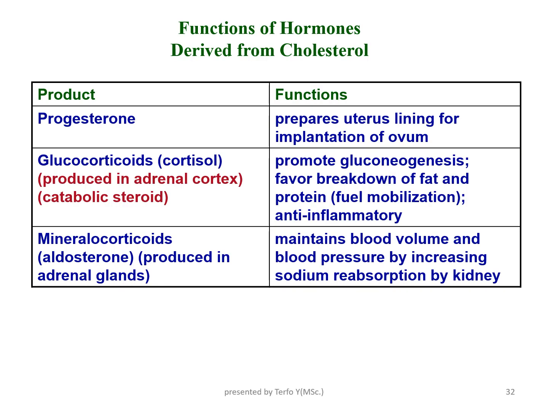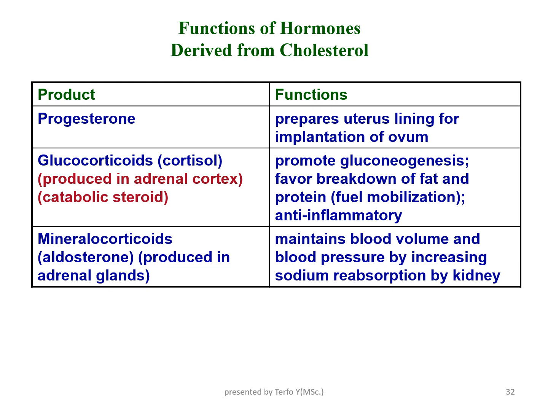So what are the functions of these hormones? Progesterone prepares the uterus lining for implantation of the ovum. Glucocorticoids, or cortisol, produced in the adrenal cortex, are catabolic steroids that promote gluconeogenesis, favor the breakdown of fat and protein for fuel mobilization, and also have an anti-inflammatory function.